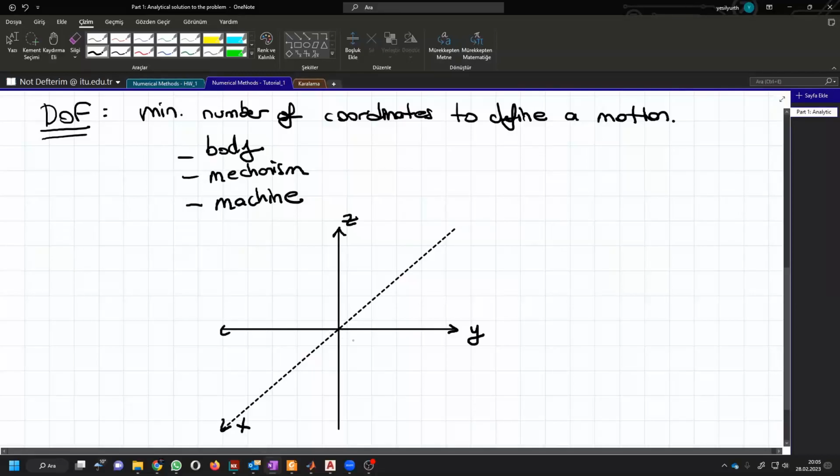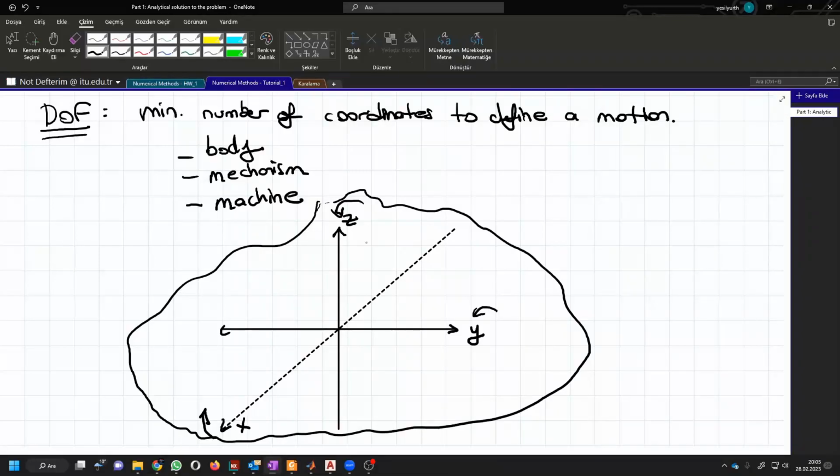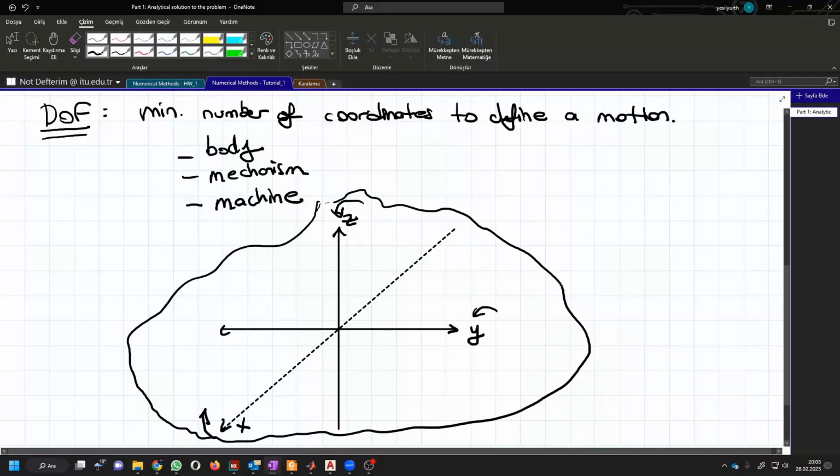So we will have three translational motions with respect to these axes, and we will also have three rotational motions with respect to those axes for an arbitrary body, let's say. So in total, this system or this body will have 6 degrees of freedom.